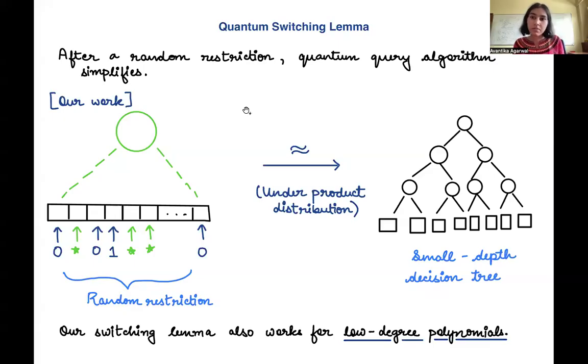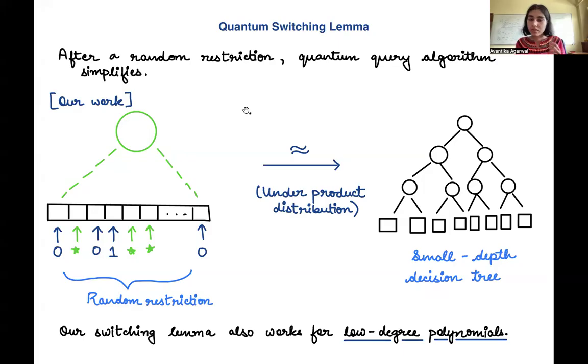That means it simplifies, because now we know how to show lower bounds for these small depth decision trees. Note that there's one crucial difference from the classical setting. The quantum query algorithm will only become close to a small depth decision tree, which means the decision tree can make an error on some inputs, but the number of those inputs will be very small.